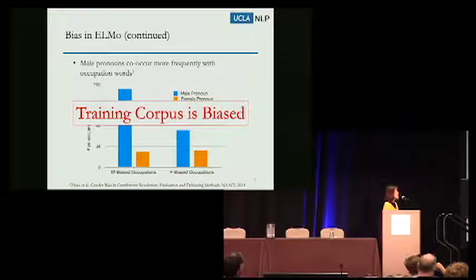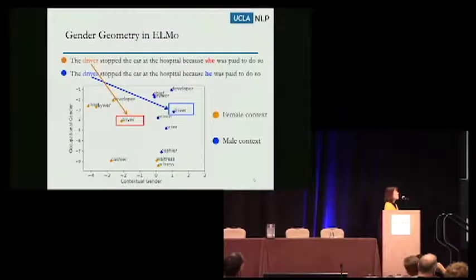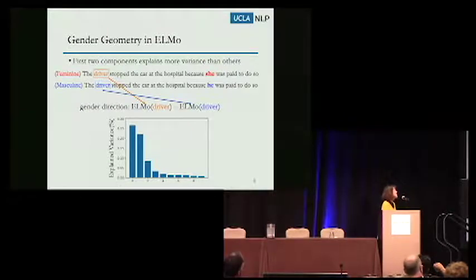Next, we want to show whether the ELMo embedding we got from this corpus is also biased. To do this, we'll look at the gender geometry of ELMo. We'll use paired sentences. The difference between these paired sentences is that the gender-related words in the sentence are different.